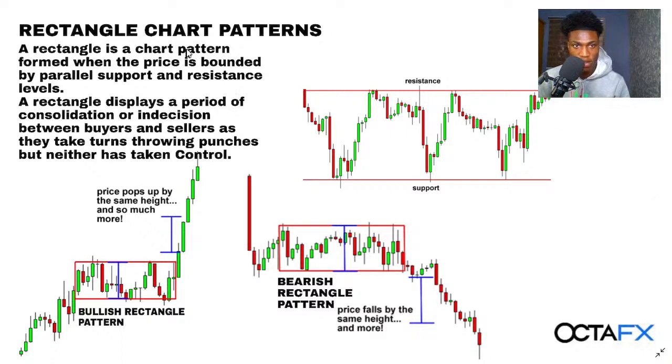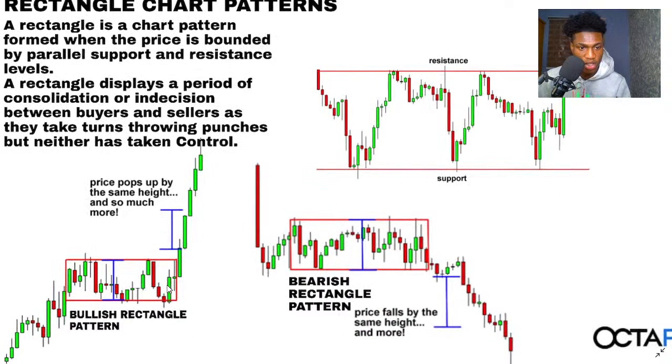When you see chart patterns like this, the first thing that you need to ask yourself is, is this a continuation pattern or a reversal chart pattern? Now, the rectangle chart pattern falls under a continuation pattern, so you're looking to continue with the initial trend before the rectangle pattern was formed, right?